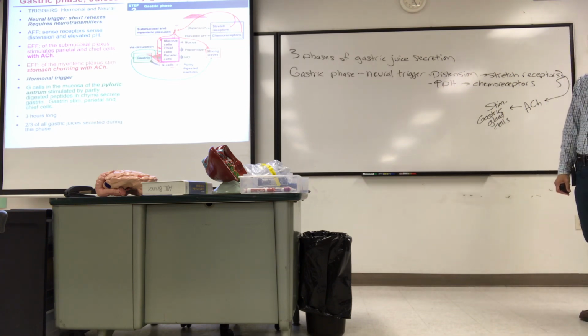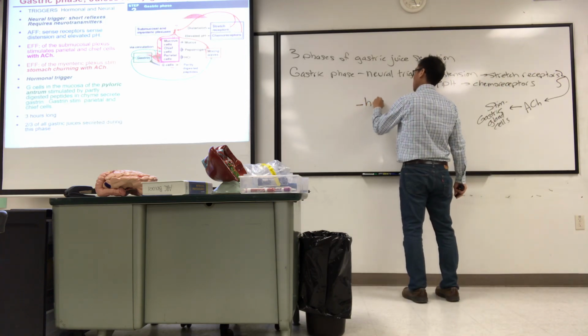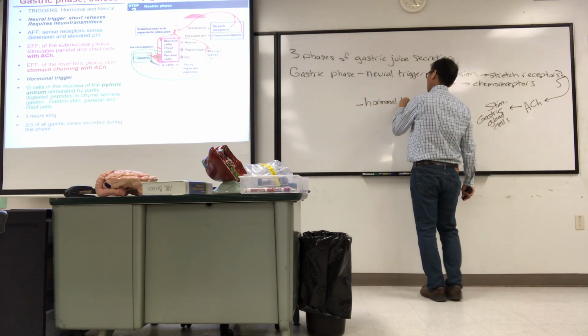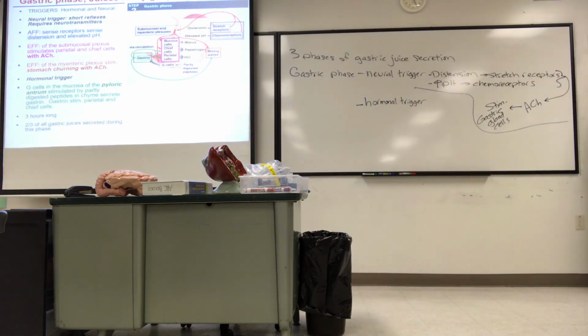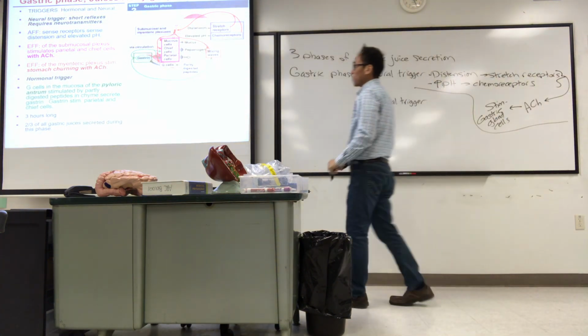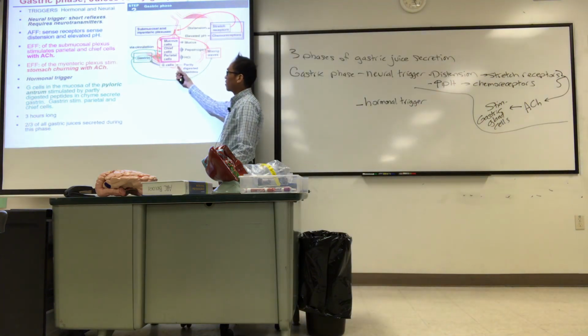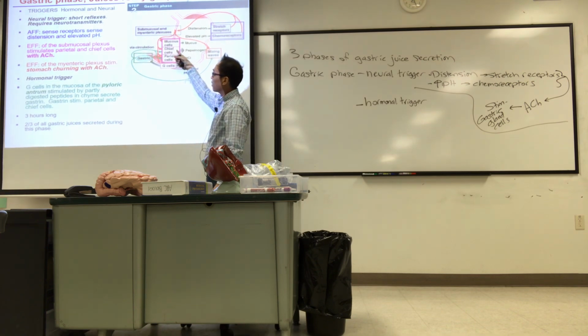The other trigger is a hormonal trigger. If food advances to the pyloric region and there are partially digested proteins there, in this region only, the gastric cells have these enteroendocrine cells that will secrete the hormone gastrin, which will trigger chief cells and parietal cells to secrete more of their juices.